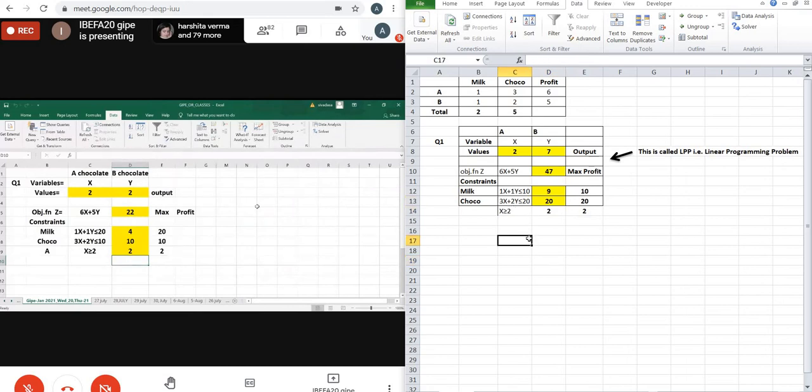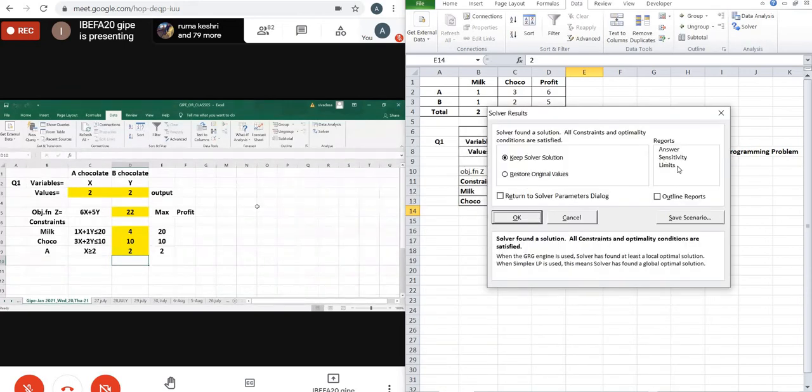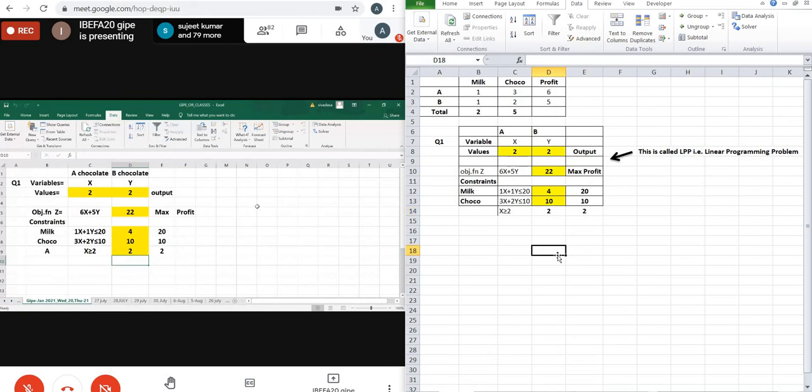Now produce 2, 2. Profit is 22. Milk 16 units is left. Can anyone tell me?